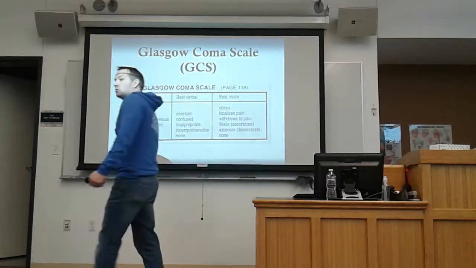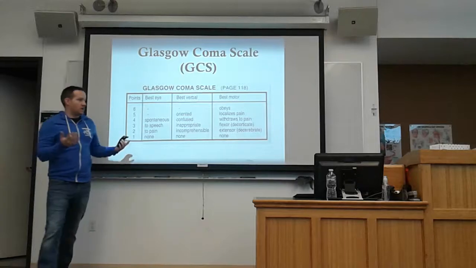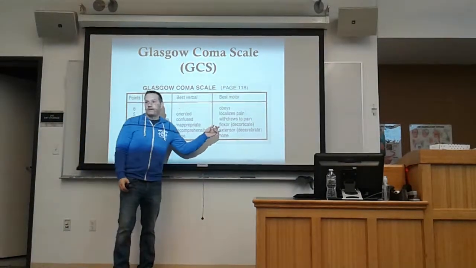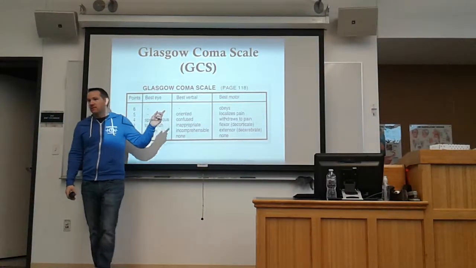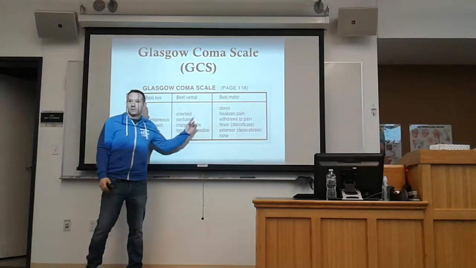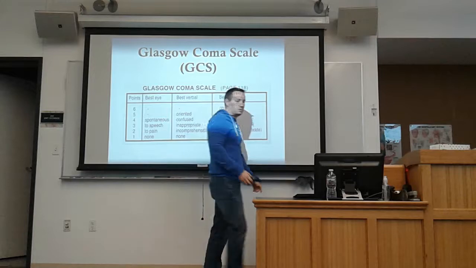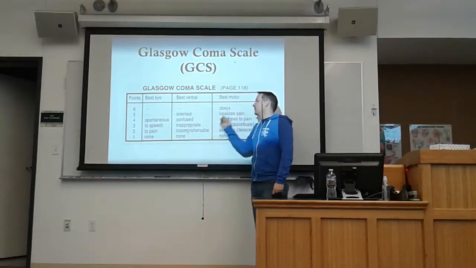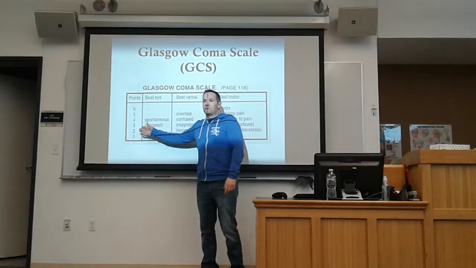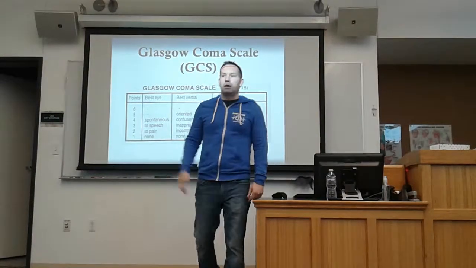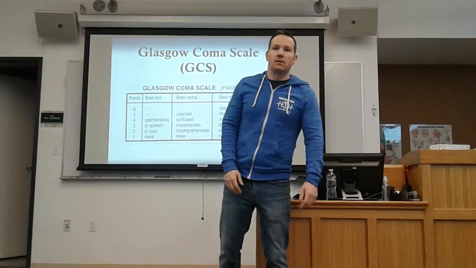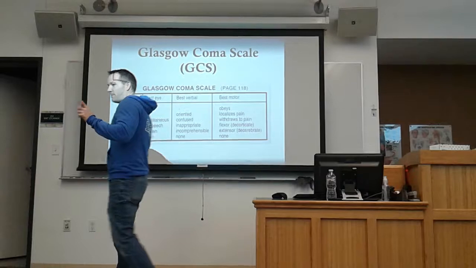Just so you guys know, I do the opposite. I start with my 15, and I subtract. I lose 1 here, I lose 1 here. I do the subtraction model, because if I'm only at verbal, I lose 2 points there. What does that do if I'm not paying attention though?